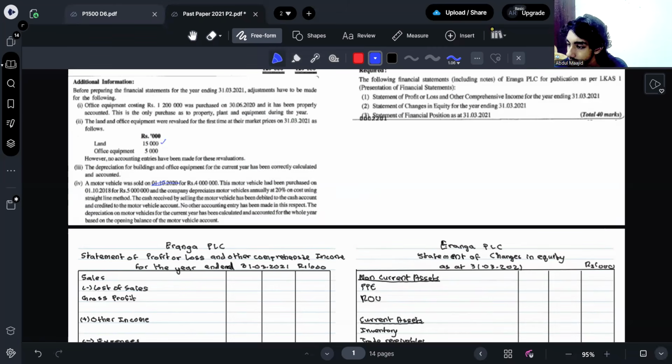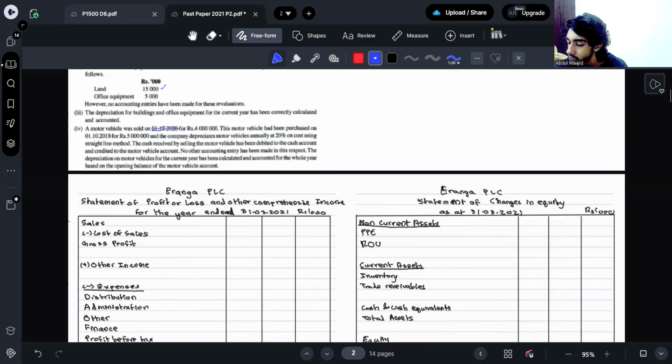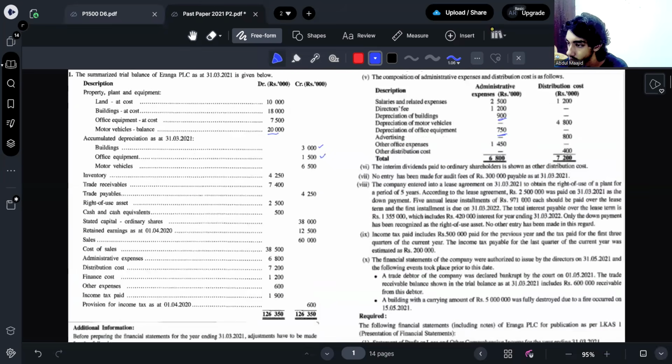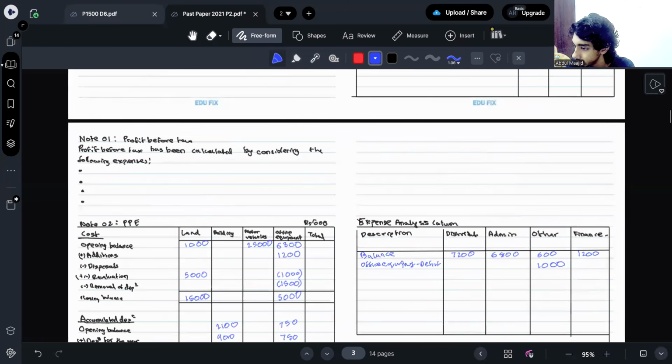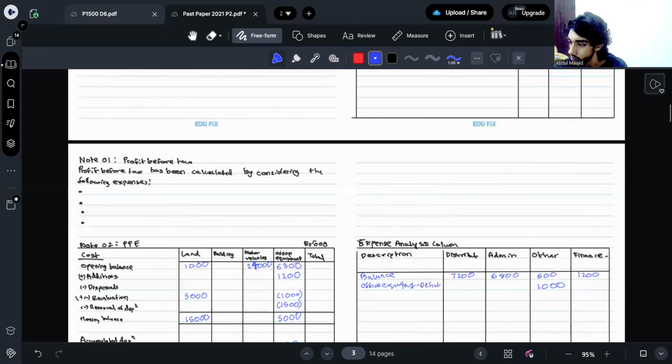Sorry, wait. Here they have credited the selling price of the motor vehicle from the motor vehicle account. The selling price is 4,000, not 5,000, right? The motor vehicle was sold for 4 million and that was credited to the motor vehicle account. Then you're supposed to add 4 million. 20 million plus 4 million, it's going to be 24 million.